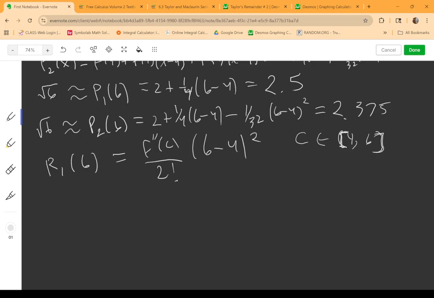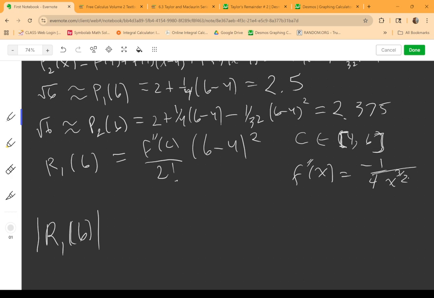All right, so if I take a look here at f double prime of x, we get negative 1 over 4 x to the 3/2. Since I want to bound my absolute error, I really want to look at just the positive values here.